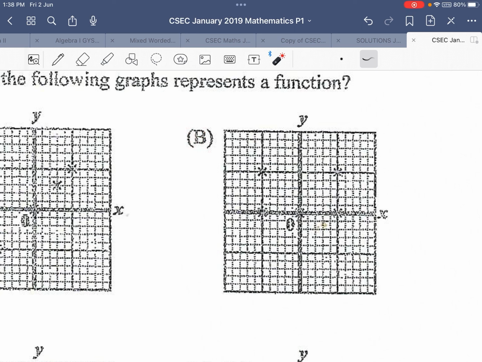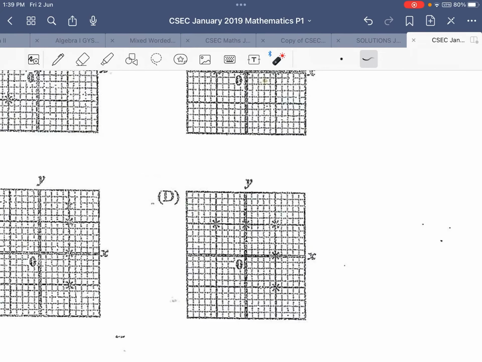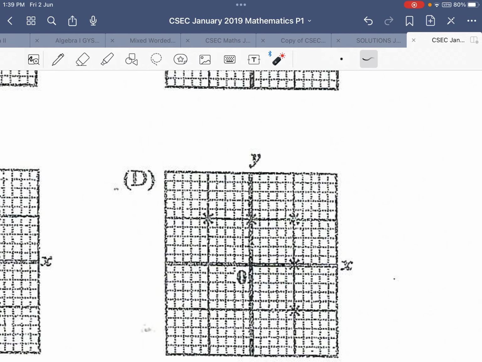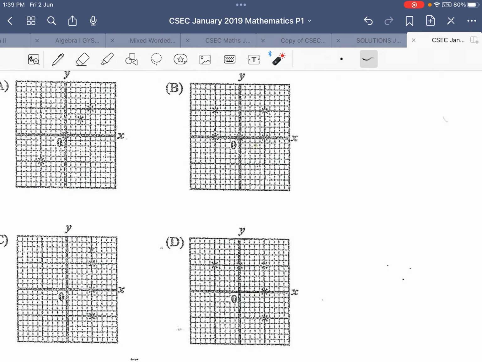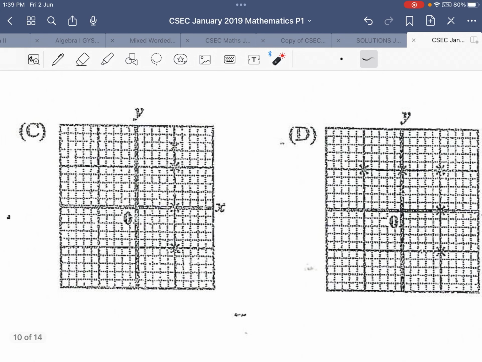We see that there's a same y value, at the same y value there are multiple x values here, and here. Right, so again, same x value has multiple y values, right?